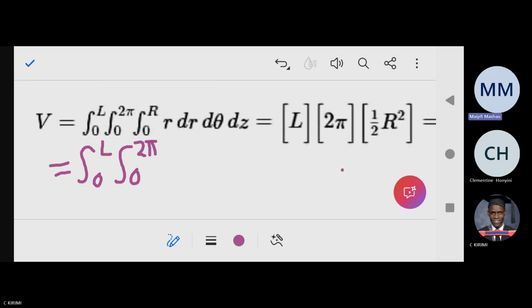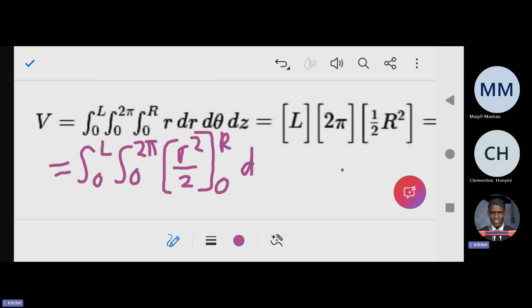R squared over 2 plus C. Then you put it in brackets like this, and you substitute the limits, 0 to R. Then you indicate d theta, dz. We are done with r dr.